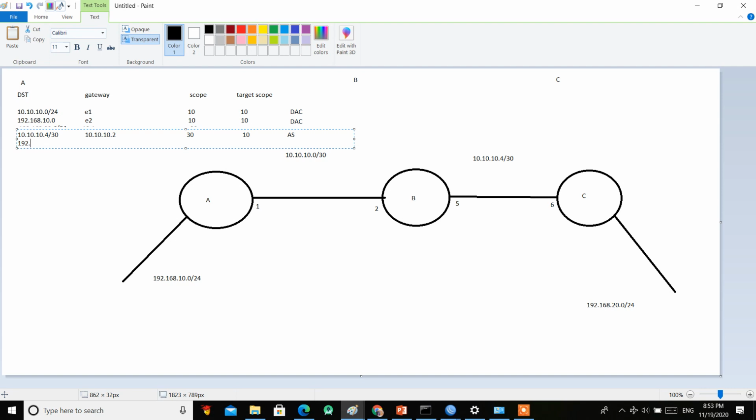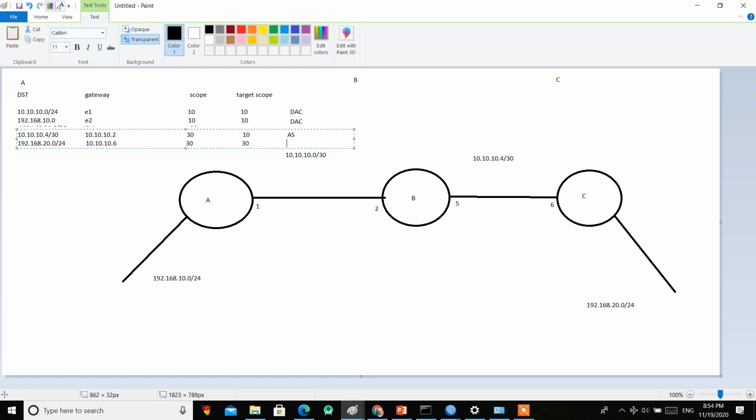And then if you want to reach the destination of router C, you can go directly to router C. But you have to tell it this is a static route, so that if it wants to find the gateway, it has to look for a static route.